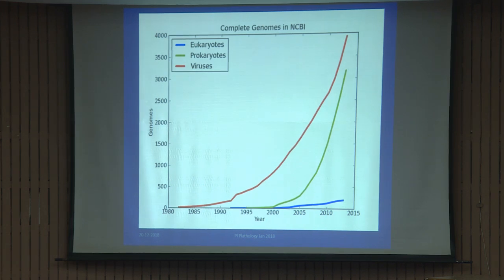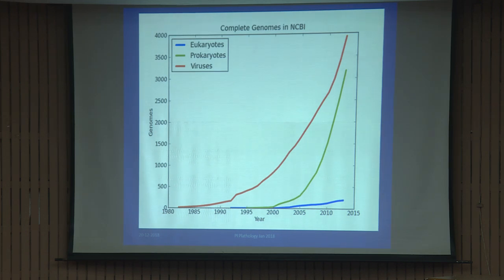When you correlate that year 2005, you will see how the curves are rising only after 2005. This is not a very latest graph. If you see the growth, the growth is more in lower organisms, lower eukaryotes or prokaryotes.